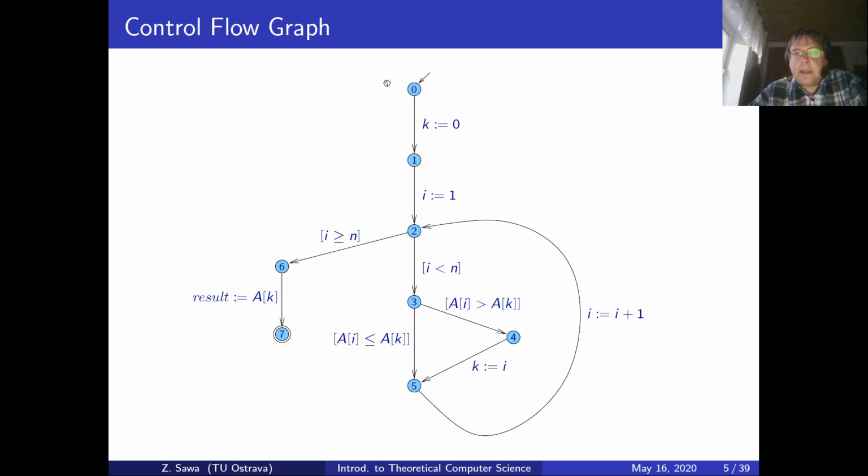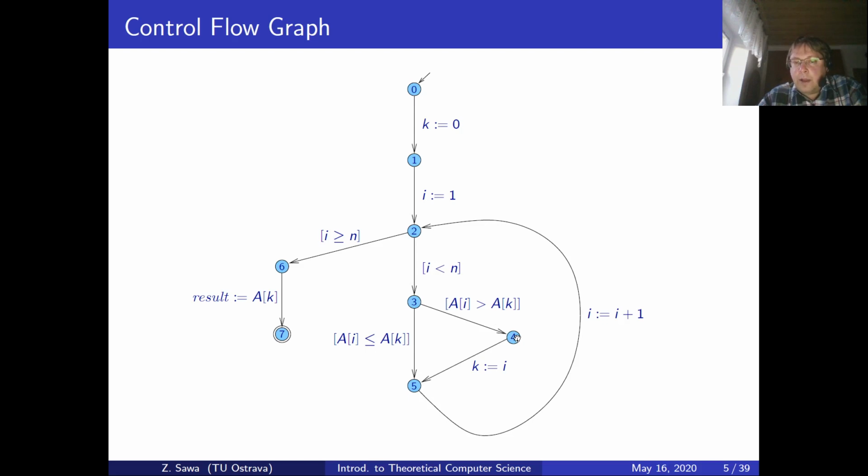So assuming these invariants are satisfied in the given configuration, we will consider, for example, this transition or this transition or this transition and so on. So let's say we consider this transition.